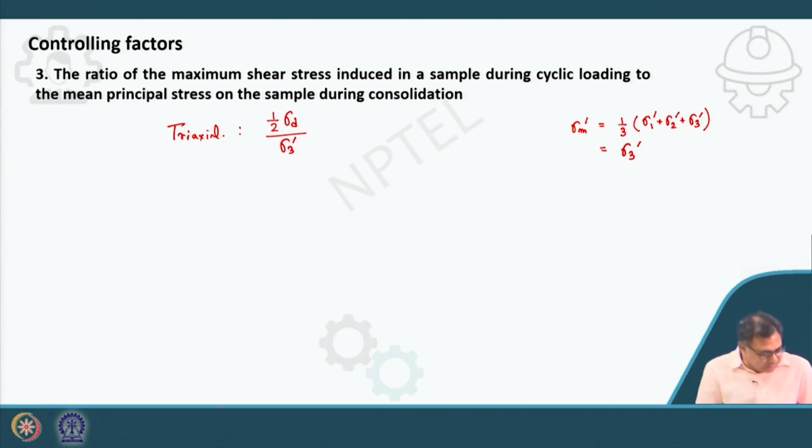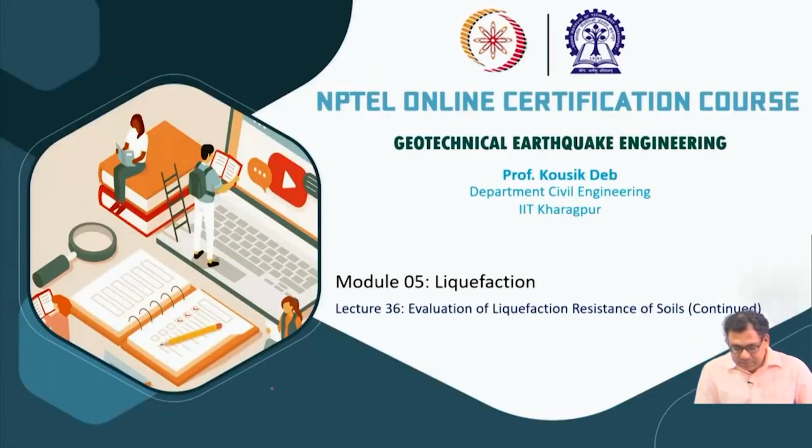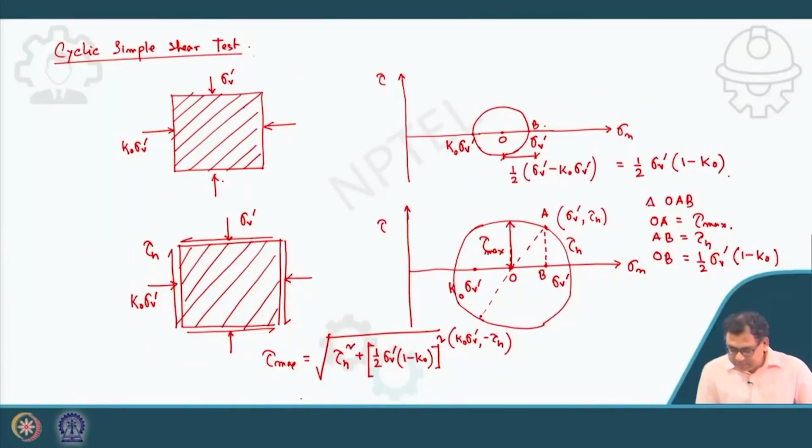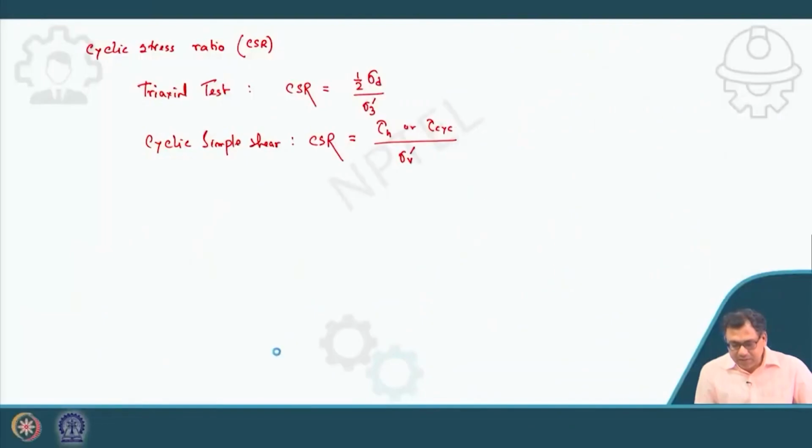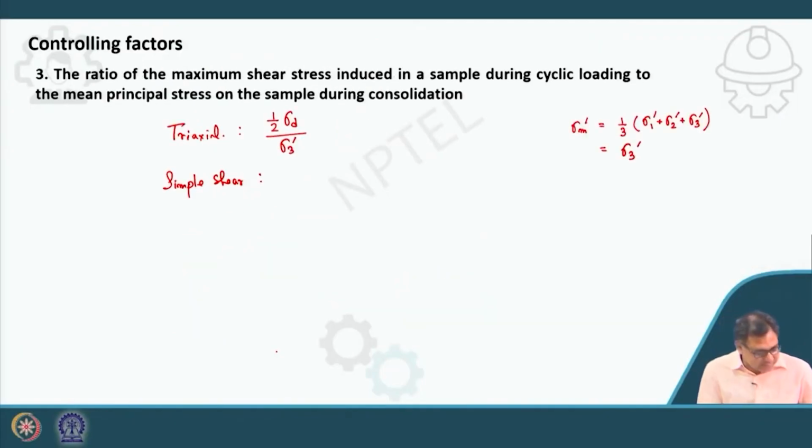Now for the simple shear, what is the maximum shear stress developed in a sample? This is the maximum shear stress developed in the sample, and I will consider that stress.